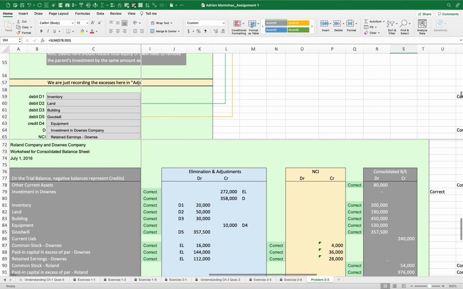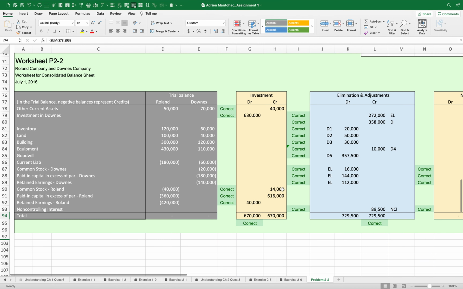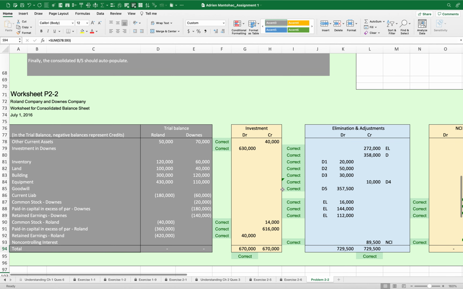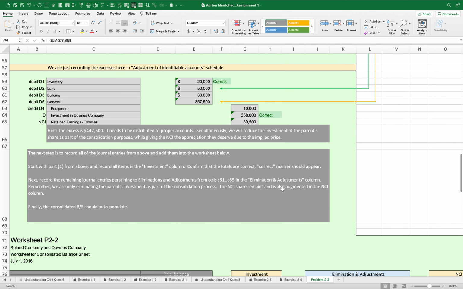So this was our first foray into consolidations. This is going to come back over and over. It might get slightly more difficult, but the idea is always the same, right?